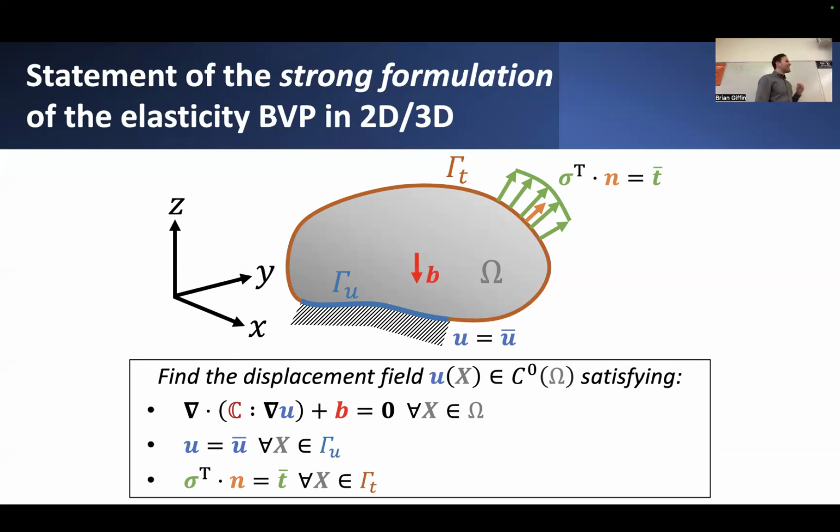And it looks something like this. The goal is to find the displacement field of all points within this body that satisfy this governing differential equation and which also satisfy the displacement and traction boundary conditions.